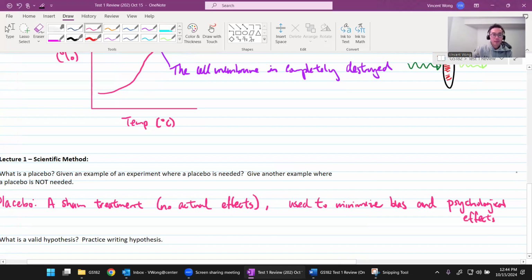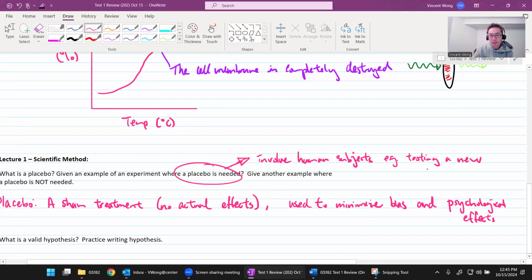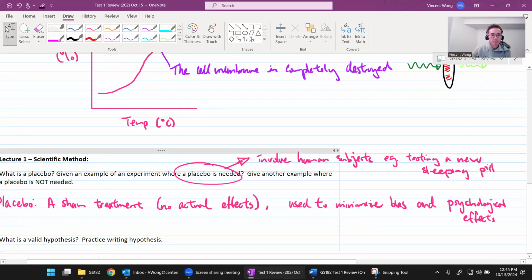Give an example of an experiment where a placebo is needed. In class, we say we need a placebo when we involve human subjects, for example testing a new sleeping pill. We're going to need a placebo for that.